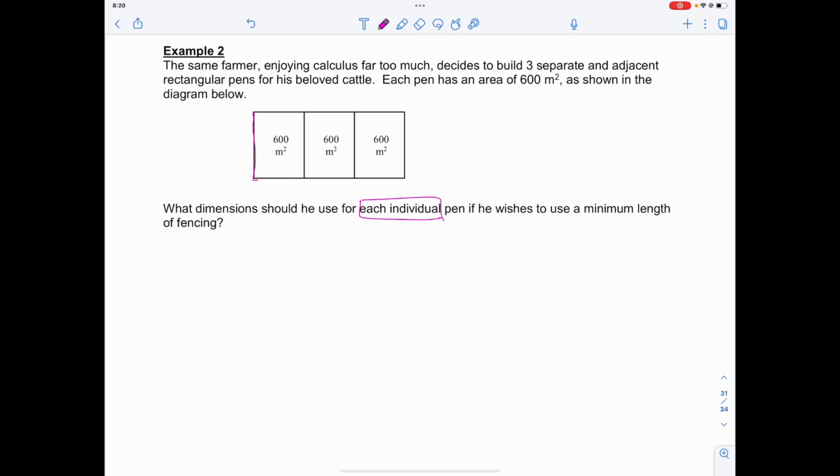We know that he's doing each pen one by one, which means that each pen is going to have 2 lengths and 2 widths attached to it.